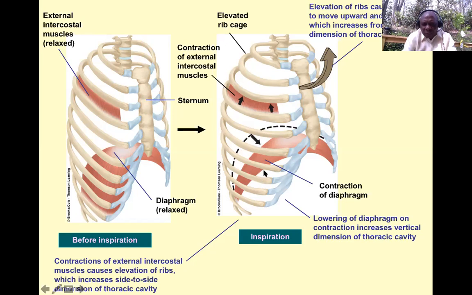So there's a vertical expansion and a sideward, forward expansion, which increases the thoracic volume and therefore decreases the pressure, and that causes air to flow in.